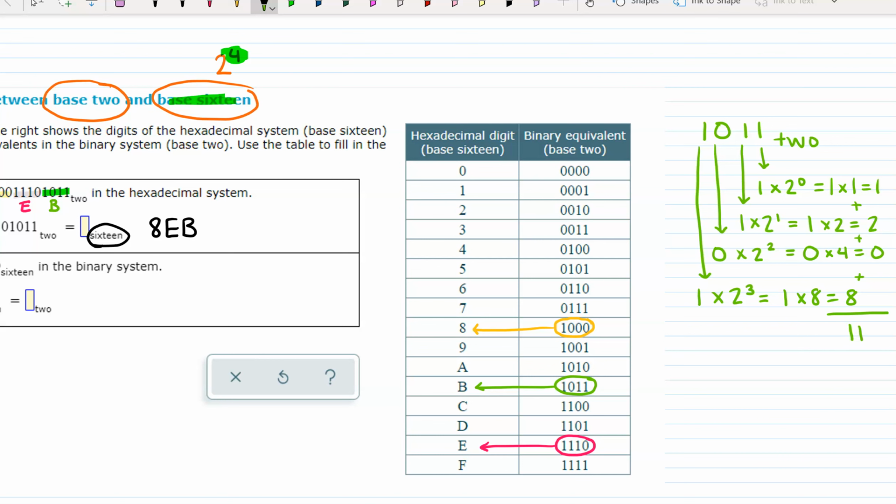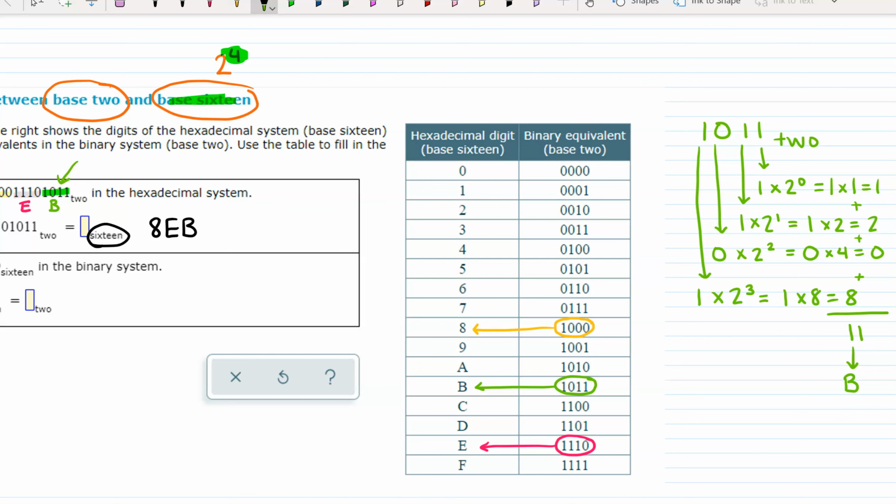And so remember, in base 16, you're allowed to have the digits 0 to 15, but 10, 11, up to 15, those have 2 symbols to make the one idea. So instead of writing 10, we would write an A. Instead of writing 11, we would write a B. So you can tell that this guy here would be represented with the symbol B, which is exactly what we did in the problem.